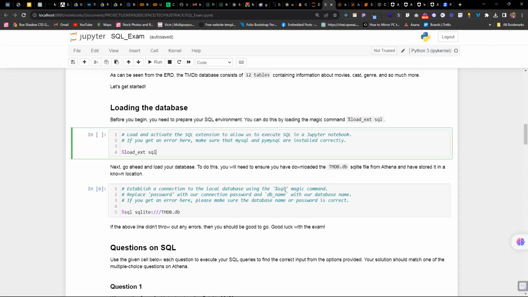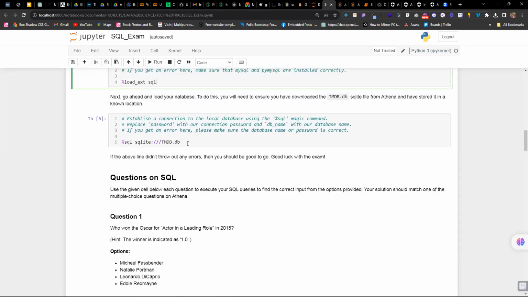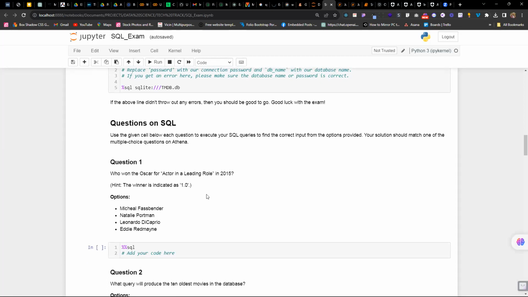SQL magic command, replace password with your own. So we know what to do when it comes to this area. If you get an error, check that you have the database in the folder, as is expected of us from this exam.